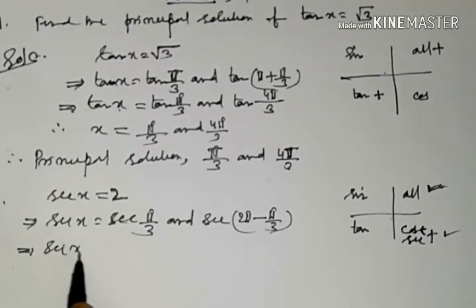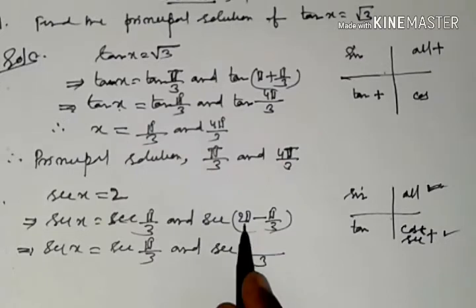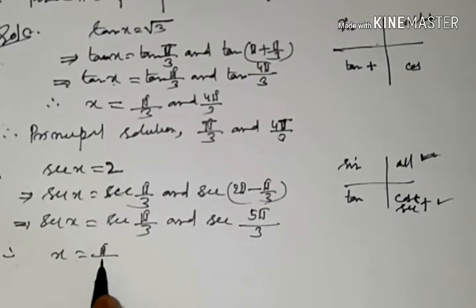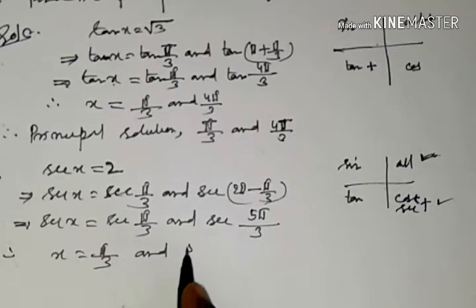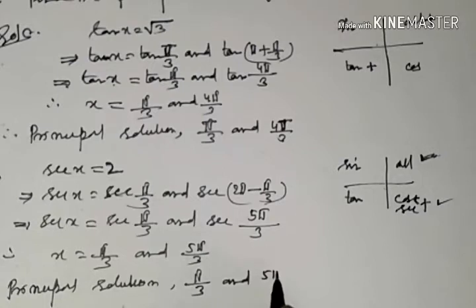Therefore sec x is sec pi by 3 and sec 5 pi by 3. Therefore x is equal to pi by 3 and 5 pi by 3. The principal solutions are pi by 3 and 5 pi by 3.